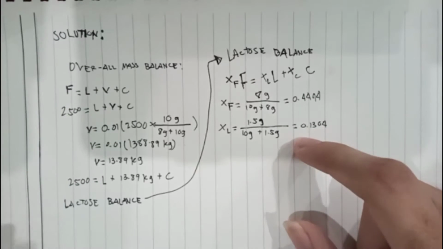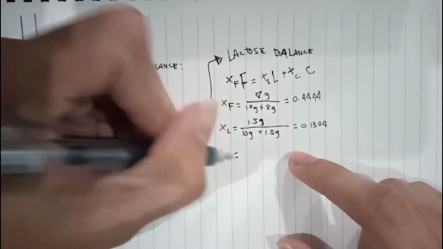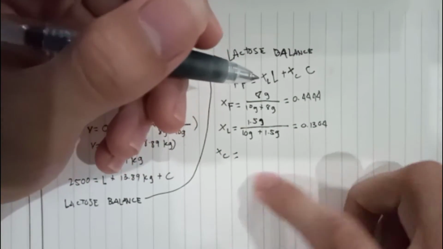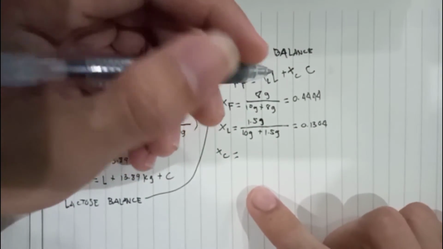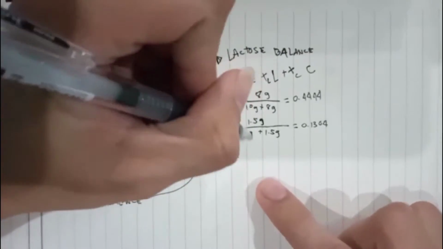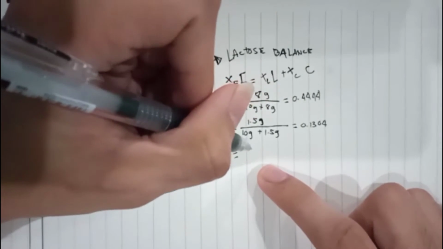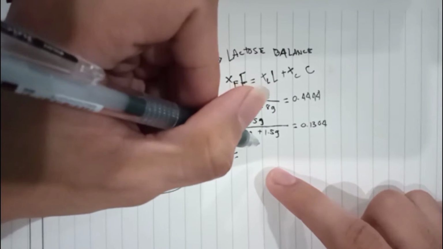Now, next thing I'm going to do is get the mass fraction of lactose in the crystals. So XC would be equal to the molar mass of lactose over the molar mass of lactose monohydrate.